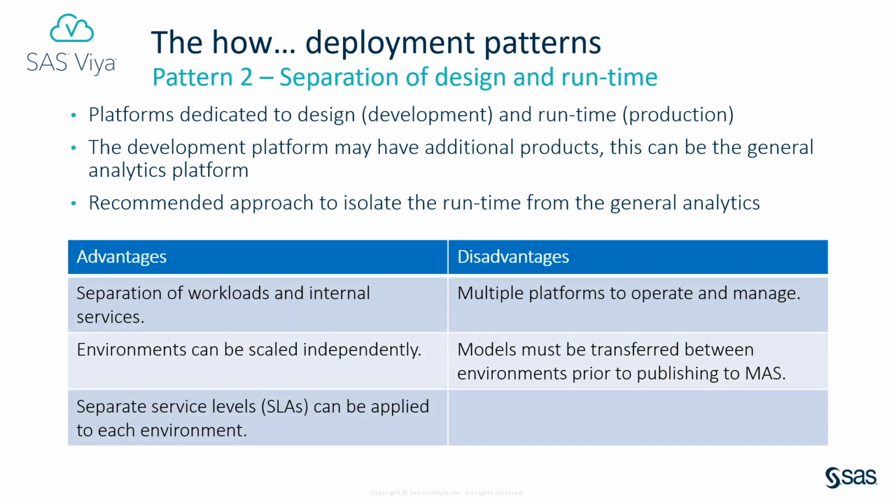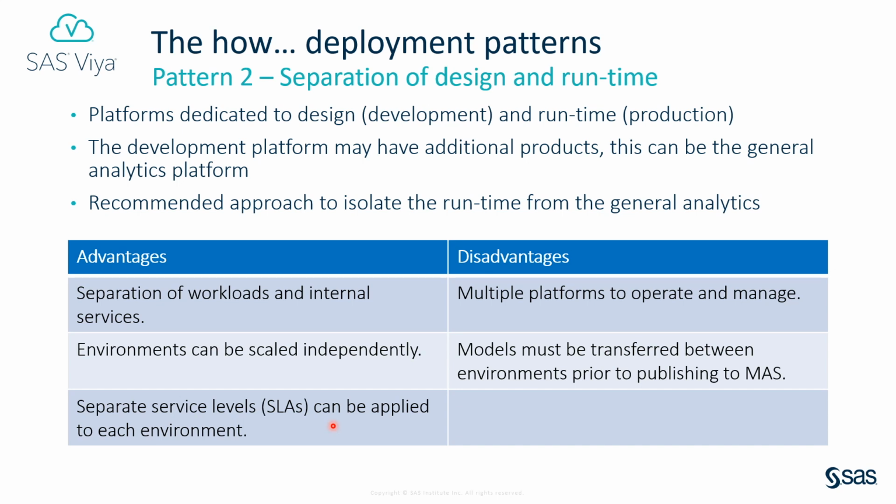So again, if we look at some of the advantages and disadvantages for this pattern, one of the advantages is separation of the workloads and internal services. Given that we have separate platforms, they can be scaled independently, and we can apply different service levels to each environment.